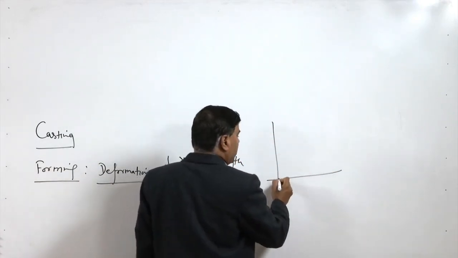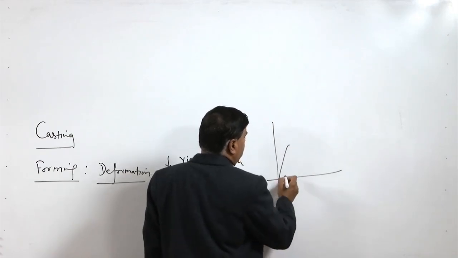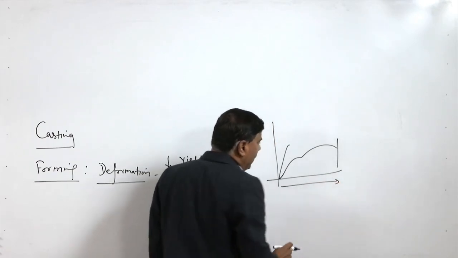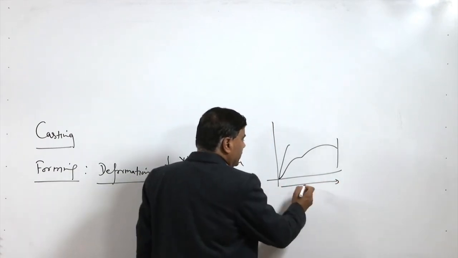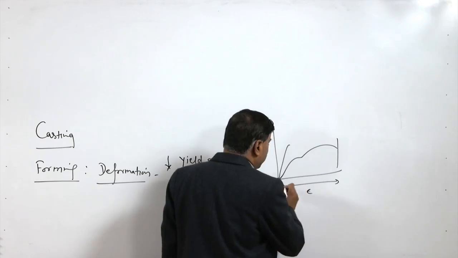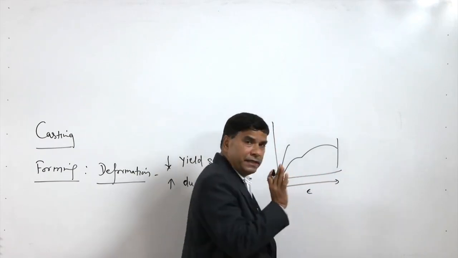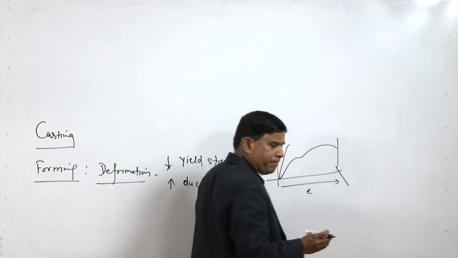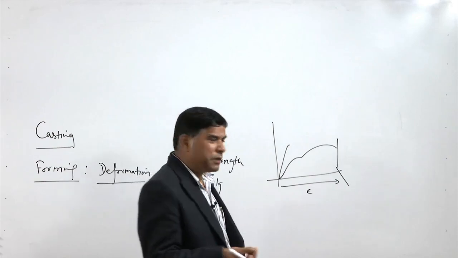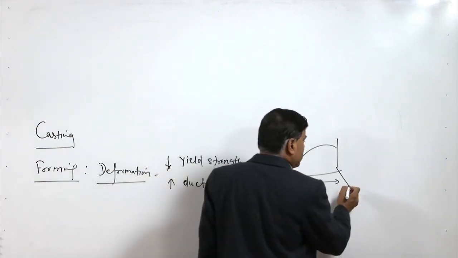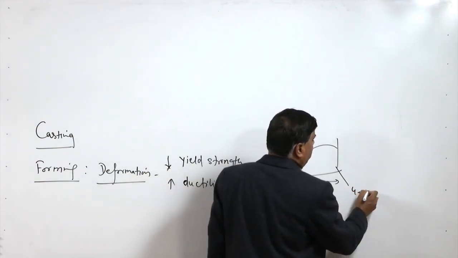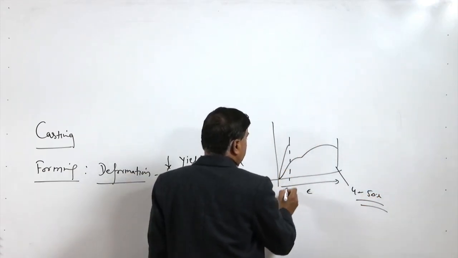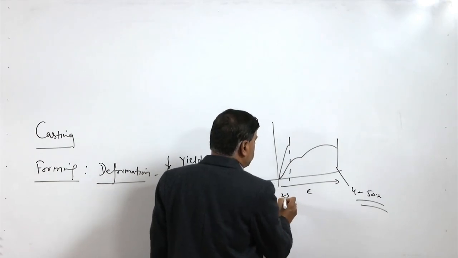We can see low ductility metals break like this, and if the material is of high ductility, then it will deform a lot prior to fracture. So, this is the strain at fracture which is used to quantify the elongation, like say for low carbon steels, like say 0.1 or 0.05% carbon steel, this may be as high as 40 to 50%, but for cast irons, it may be very low, maybe 2 to 3%.